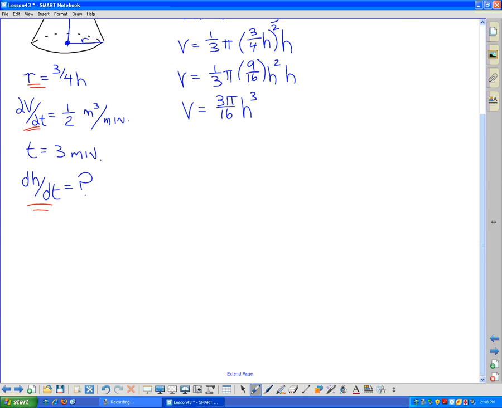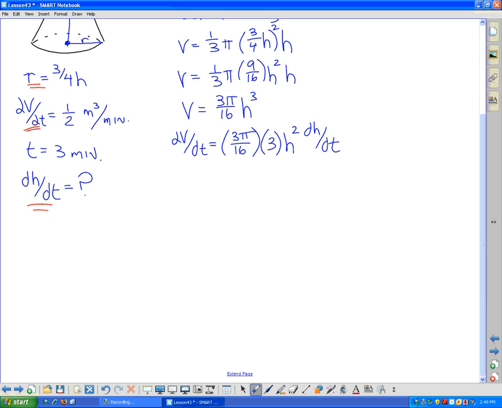All right. Now I'm all set. Take the derivative with respect to time. 3 pi over 16 is just a fraction, it's just a coefficient, so it's going to remain untouched. 3 h squared dh by dt. So here we are. Solve for dh by dt.